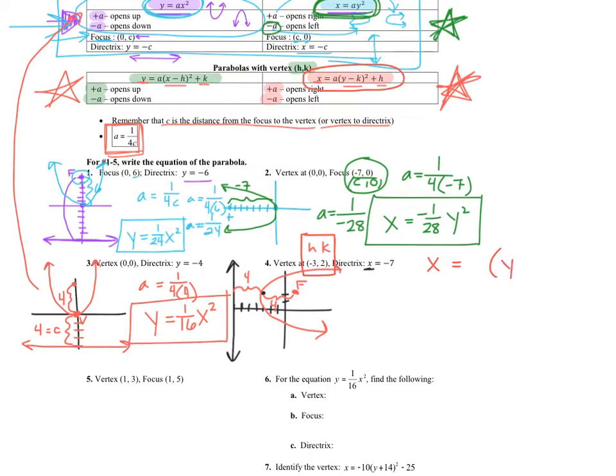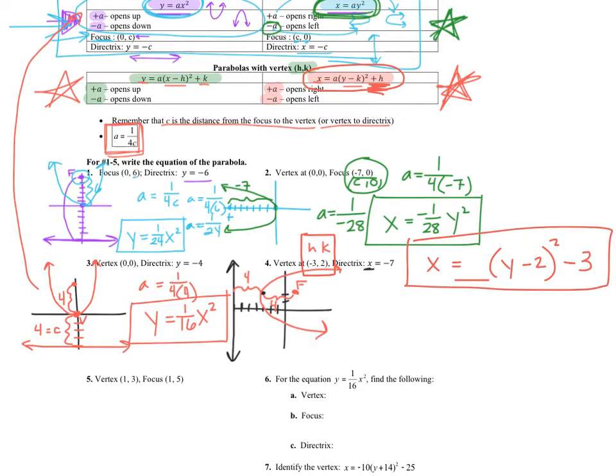And then y minus k. So y minus 2 squared plus our h value. But our h value is a negative, so it's actually going to be -3. Okay, so this is going to be our answer once we fill in the a value. We need to find the a value.